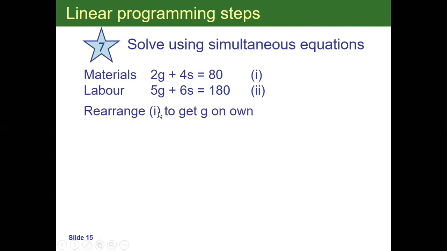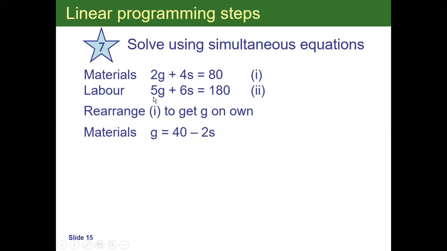Rearrange equation 1 to get G on its own. We divide by 2, so it becomes G plus 2S is equal to 40, which means G is equal to 40 minus 2S.